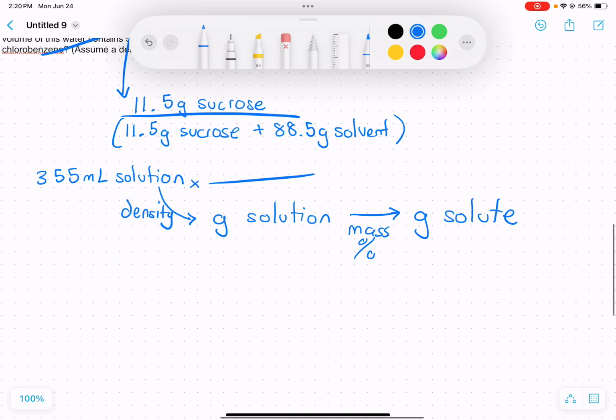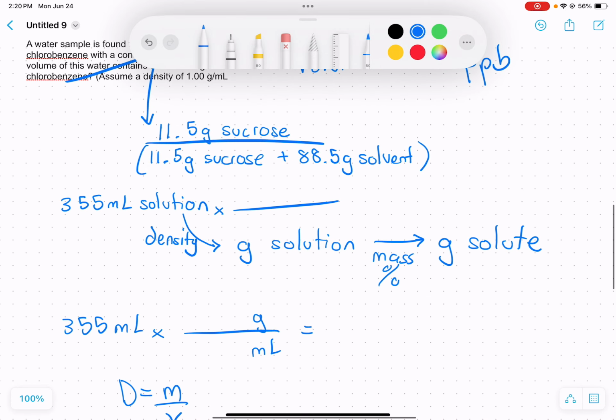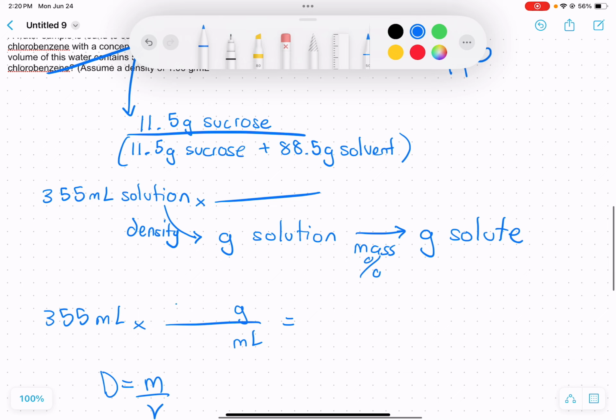For the first step, remember, I do density calculations as a conversion factor. So I'm going to put milliliters on the bottom and grams on top. You can do it like an equation if you want. Density equals mass over volume. They're the same thing. So the density is 1.04 grams per mil.